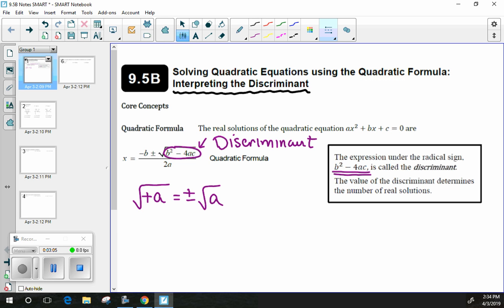Any positive number, anything greater than 0, always has 2 roots. Whether they're nice, pretty numbers, like if I say, what's the square root of 25? Well, it's positive and negative 5. Or it might be really unpleasant irrational decimals, but it's still 2 roots. That's why we kept emphasizing, don't forget that plus or minus, there's really 2 roots.